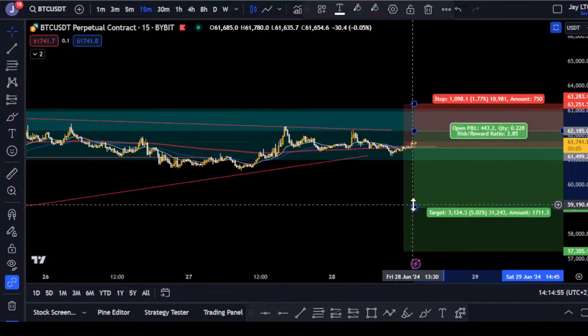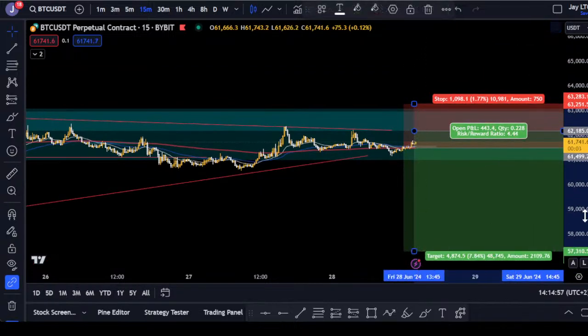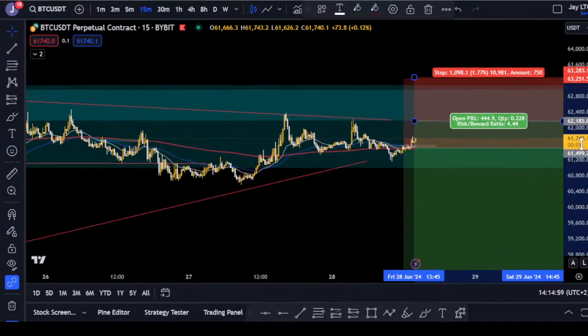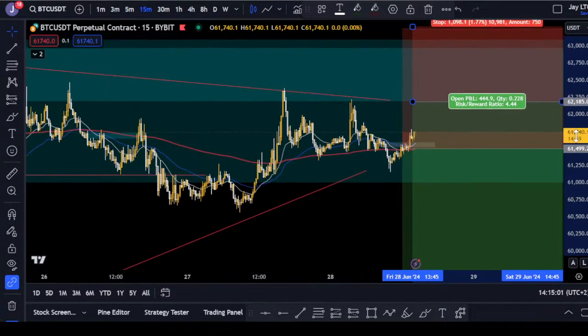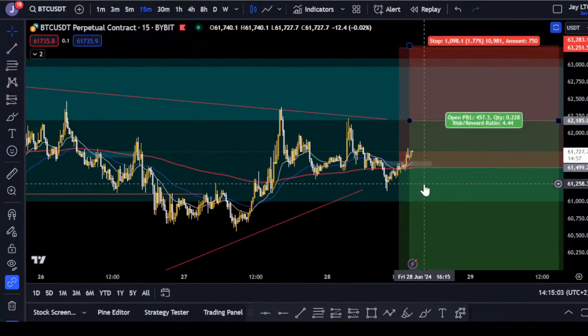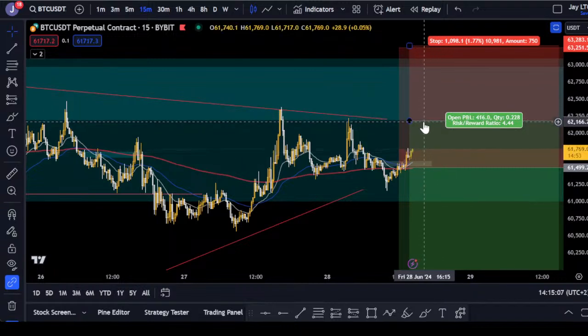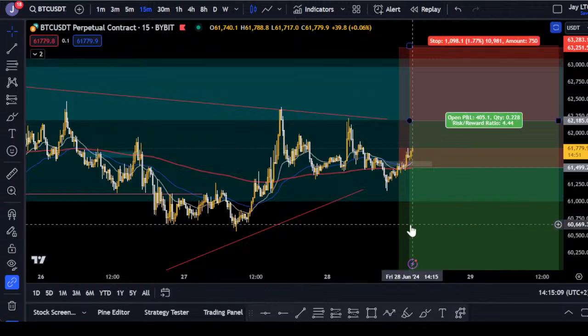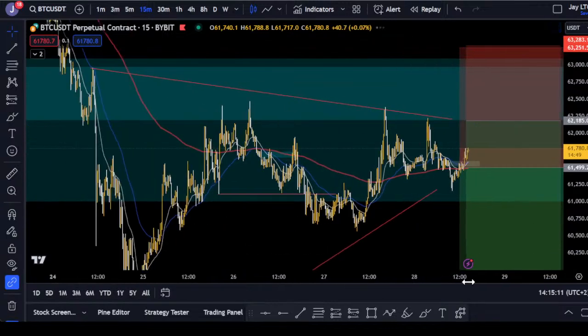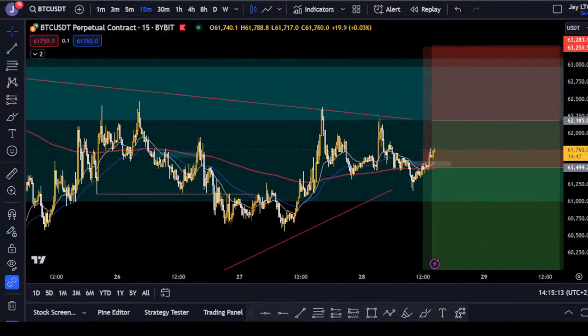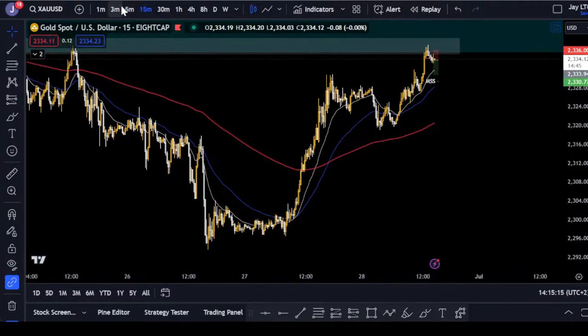Marked out here is where I entered, but as you see, that entry is not good anymore because the market is pushing up. So I'm looking for the market to push up here to this order block and then from there drop. So that's what we're looking for right now. And then we have our gold that has to pull back a little bit.